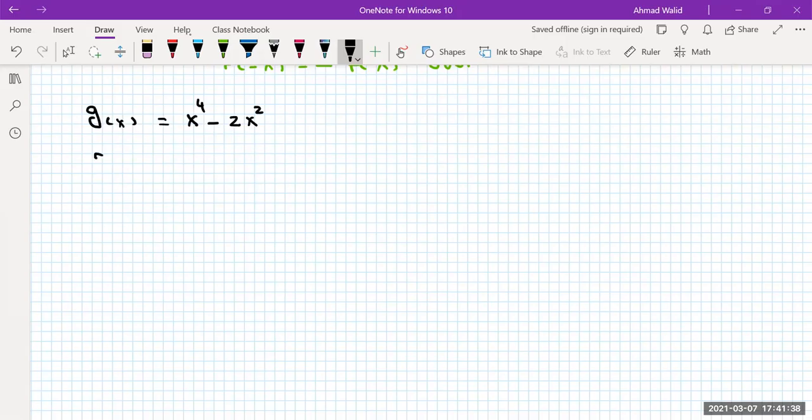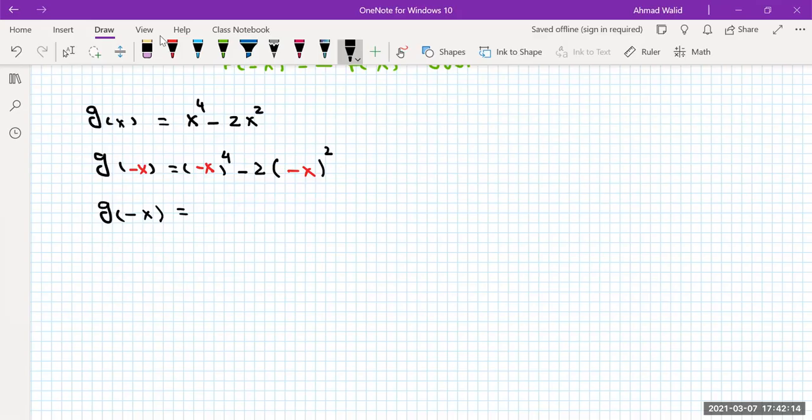It means I will look for the g of negative x. G of negative x equals negative x to the power of 4 minus 2 times negative x squared.